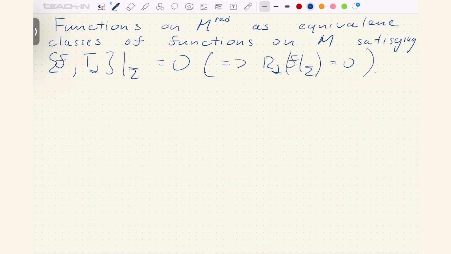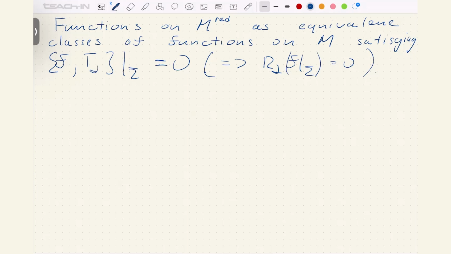So we can talk about observables in terms of functions defined on the entire phase space M, where we do have Poisson bracket. But of course, if we pick all functions satisfying these conditions, we get more than we need, right? Because two functions satisfying these conditions would probably lead us to one and the same function on sigma if they coincide on sigma, right?